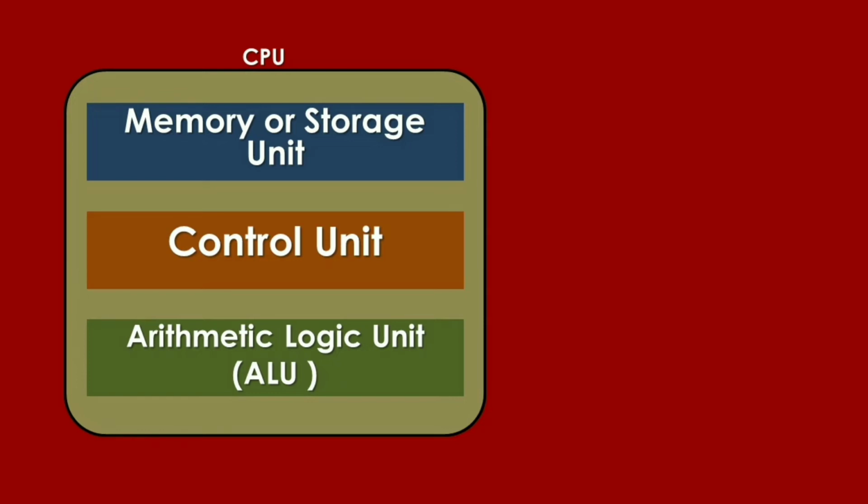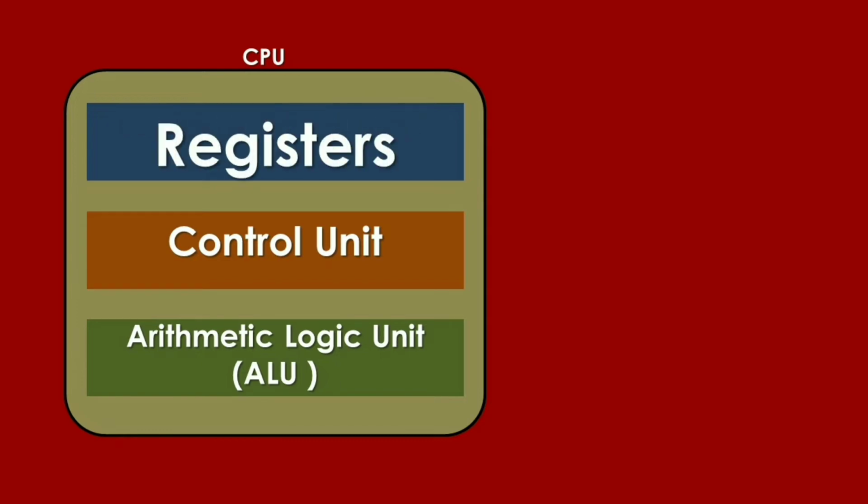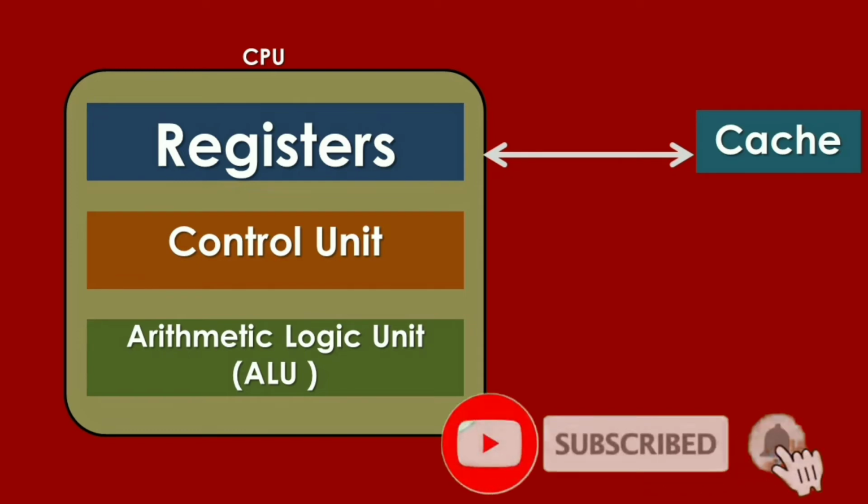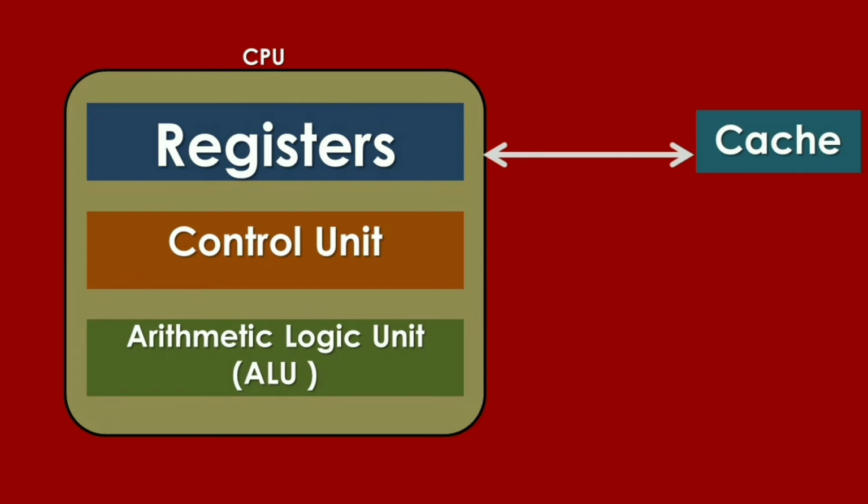So, ibig sabihin, the memory or storage unit ni CPU, that is also the registers. And with the use of buses, meron siyang nakakonect na cache. Okay, so it depends on how we speak that. For me, that is cache. Yung iba, cache. So, for this video, we're going to use the word cache.